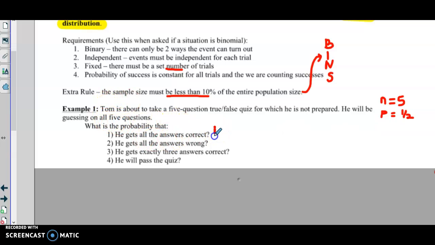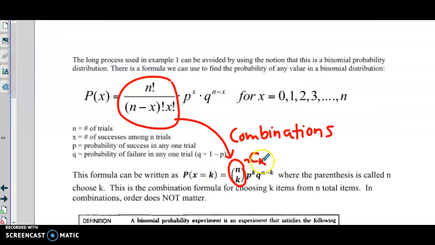What's the probability he guesses all of them? Meaning the probability x equals 5. So out of 5 questions, he gets all 5. If I use the formula, and I'll show you with Binomial PDF as well, I'm going to have n choose k, or 5 choose 5, right? How many ways can he answer 5 questions correctly?